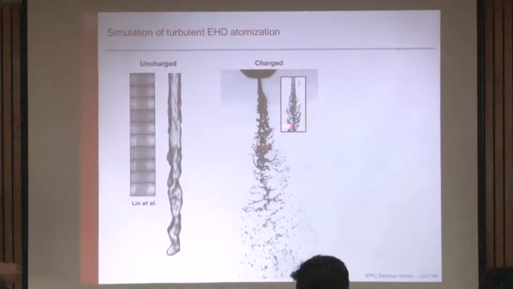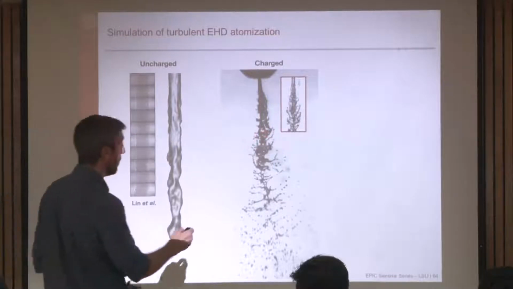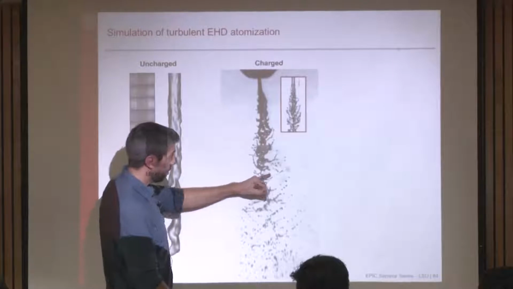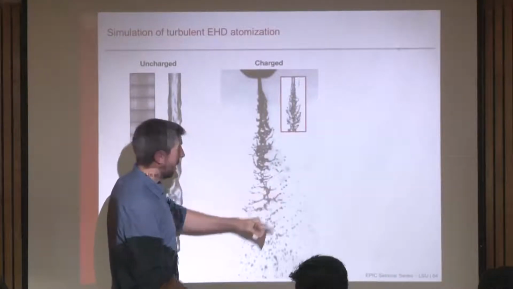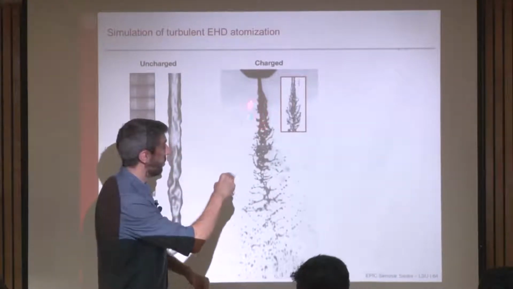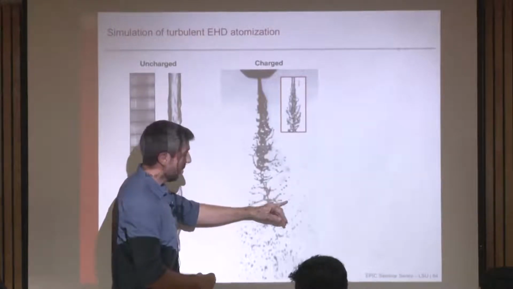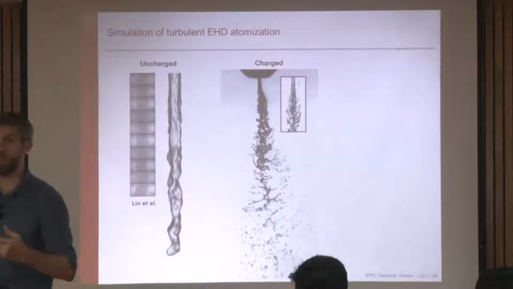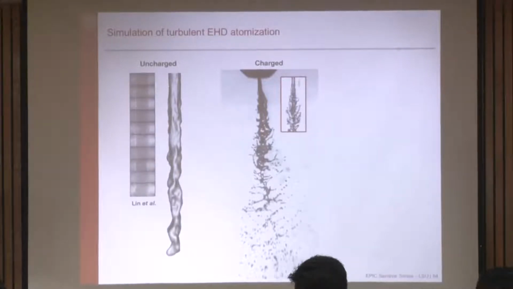It's still pretty far from being quantitative. We don't have, again, any data. The interesting thing is that that fishbone structure that we see early on, and that we can't see here because of lack of resolution in the shadowgraph, seems to still exist downstream. So it's maybe not that surprising that we would find those ligaments oriented radially outward.